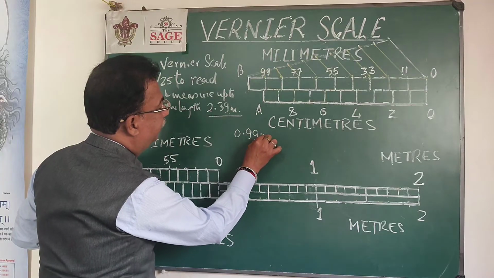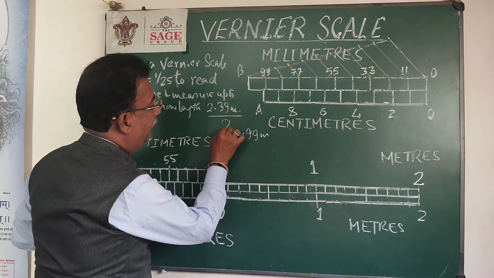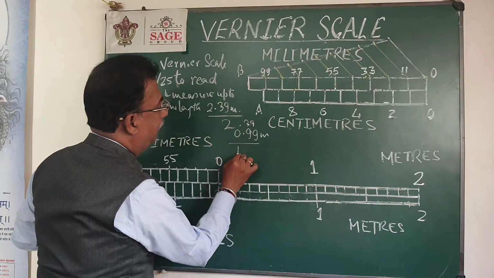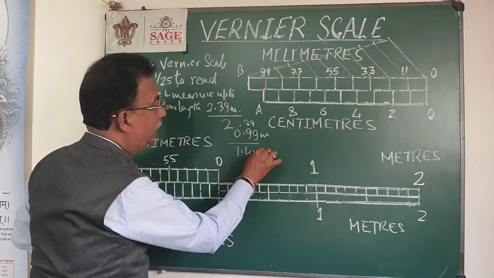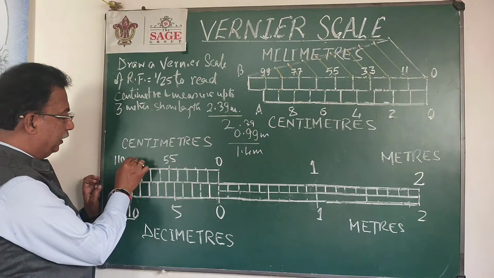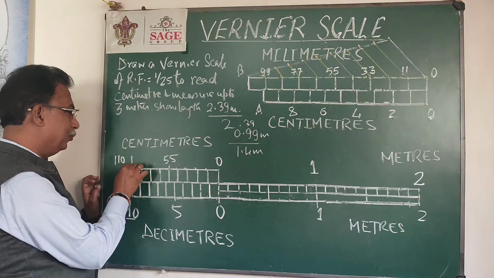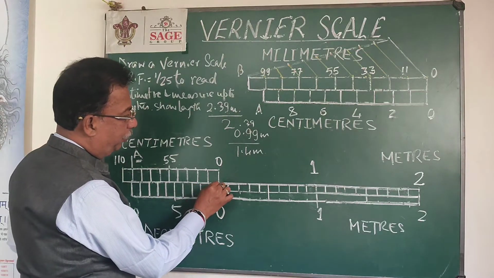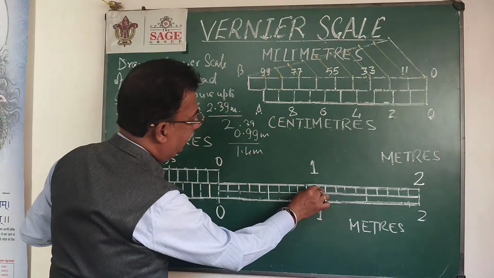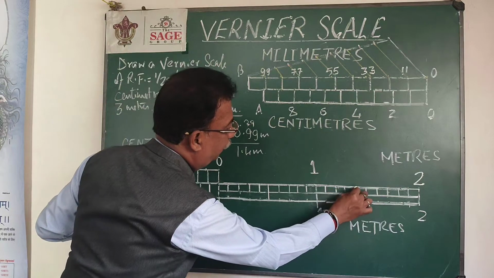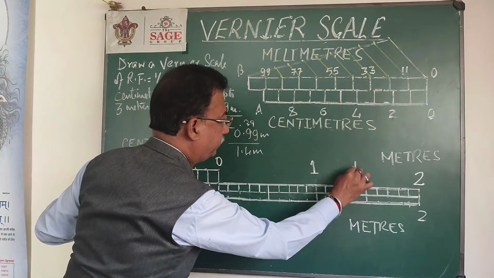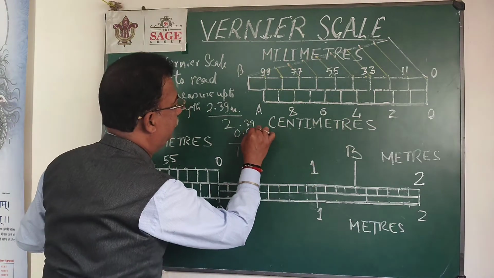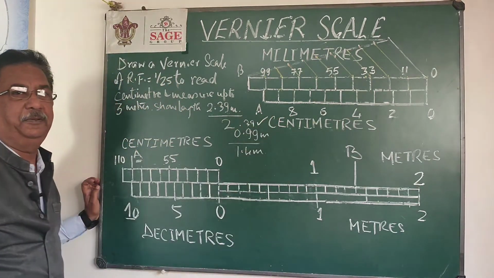So if I subtract this from 2.39, then the balance will be 1.4 meter more required for me. So if I go from this point, suppose this is point A and this is 0.99, then this is 10 and then 1, 2, 3 and 4. So the distance between this A and B will be equal to 2.39 meter.